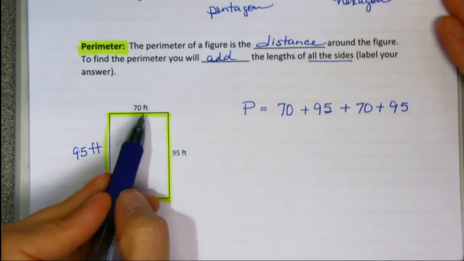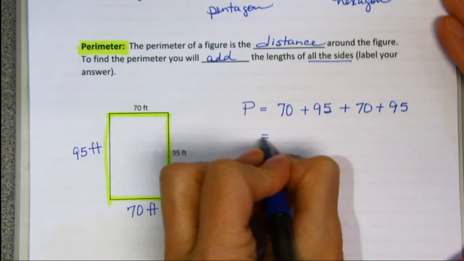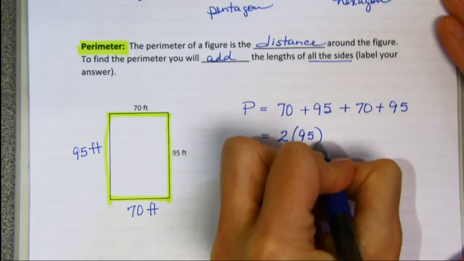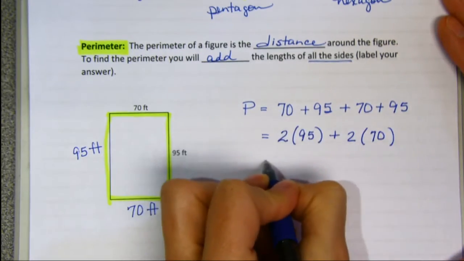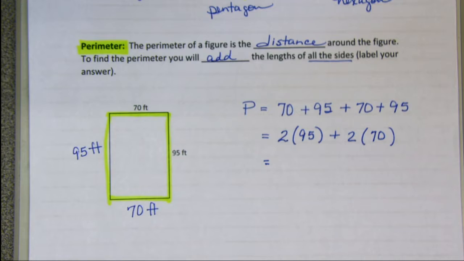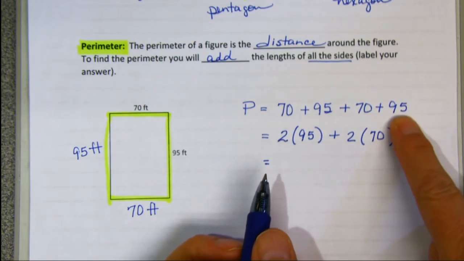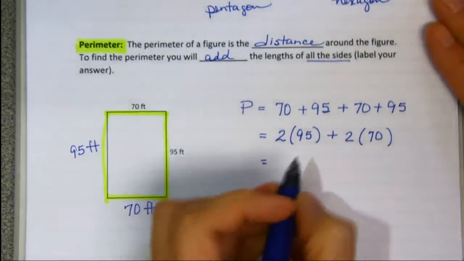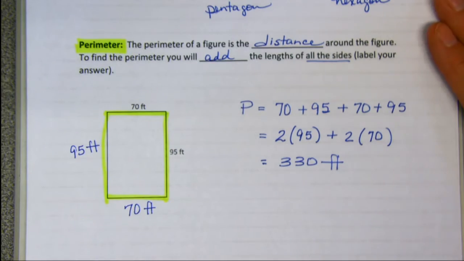Now, since the length is the same and the width is the same, you could calculate it as 2 sides that are 95 feet plus 2 sides that are 70 feet. So whether you do 70 plus 95 plus 70 plus 95, or you do it by this addition and multiplication, you're going to get an answer of 330 feet.